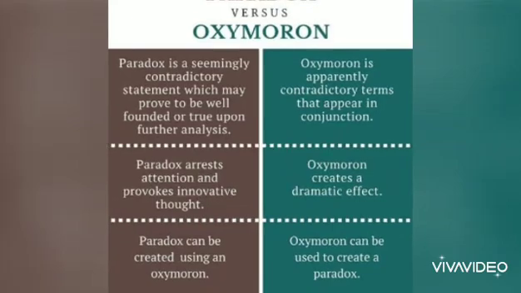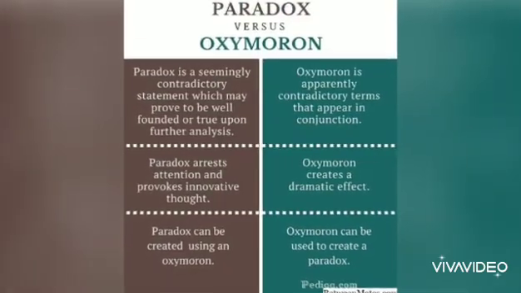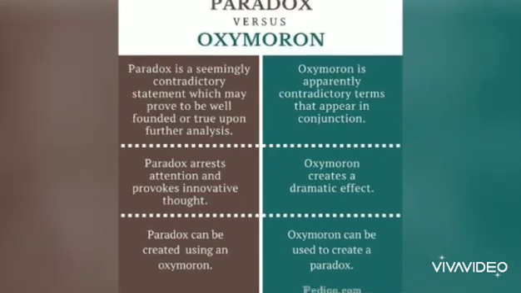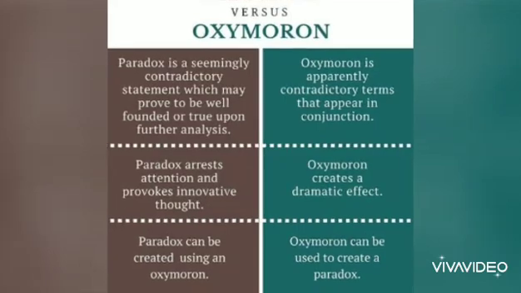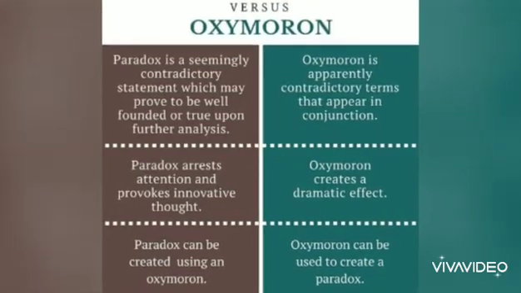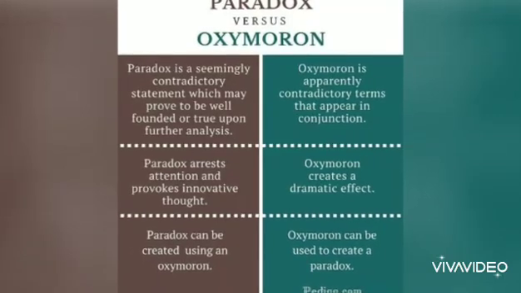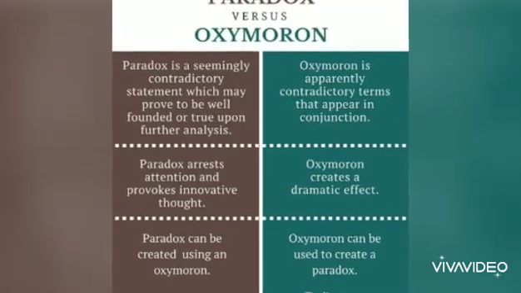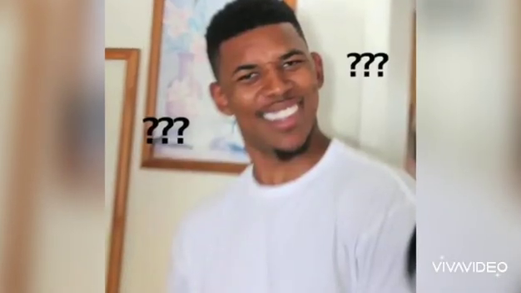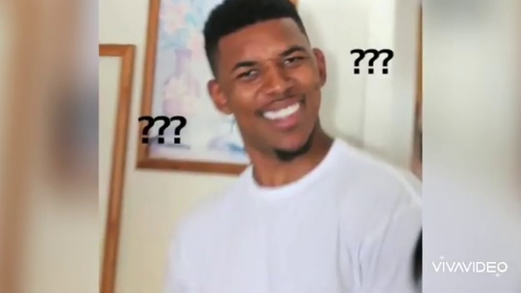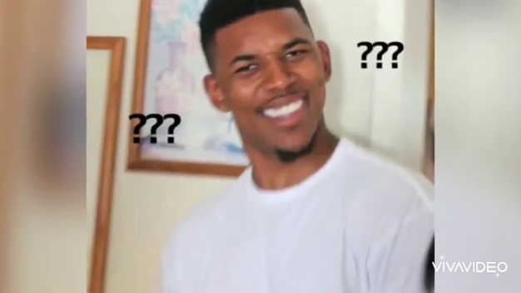That's why many people confuse oxymorons and paradox. On the other side, oxymoron is apparently contradictory terms that appear in conjunction, it also creates dramatic effects, and usually it's used in order to create paradox. But how does it work? I'm going to explain it in the next examples.